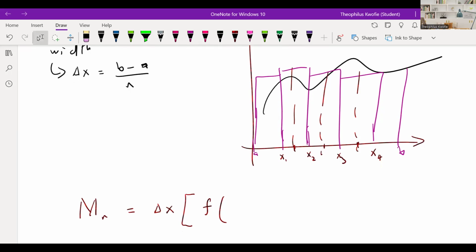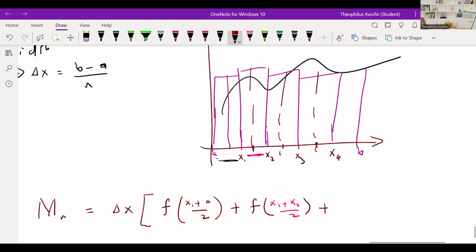What the midpoint does is that we find the midpoint of each subinterval. So over here we find the average within this interval: we add the endpoints together and divide by 2. Then we do the same thing for this subinterval. So we're going to have x1 plus x2, then we divide it by 2. So that's how we deduce the formula for the midpoint.